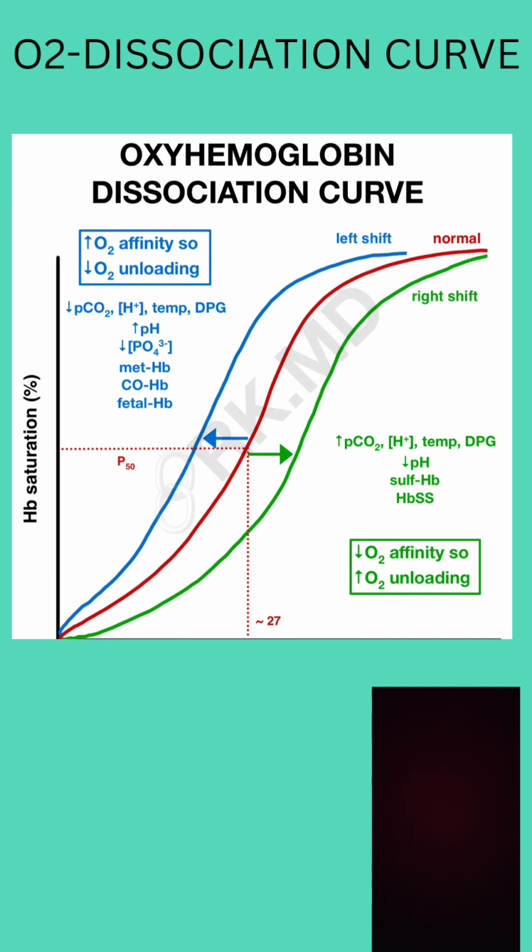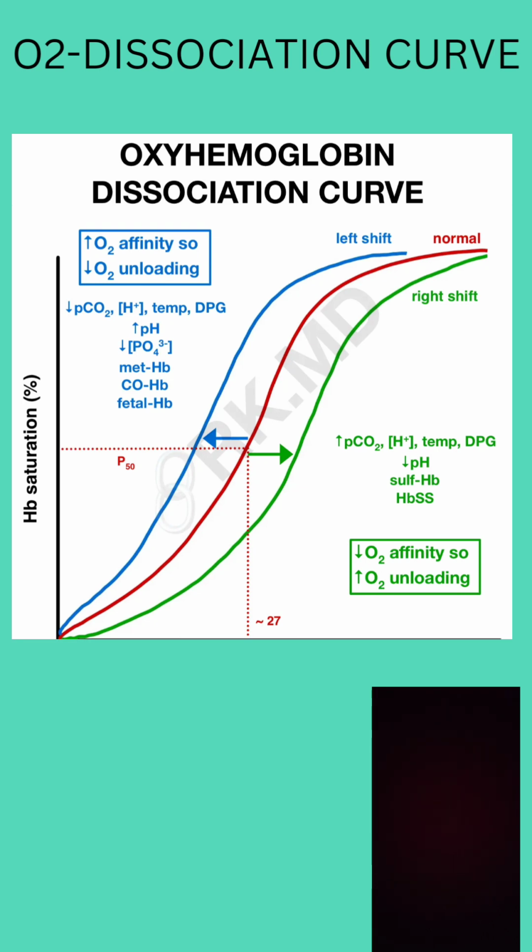It is basically a sigmoid shaped curve, and it mainly shows the shifting affinity of hemoglobin to oxygen, and the binding affinity of hemoglobin in RBC, and the carbon dioxide, H plus ion concentration and 2,3 BPG. These three factors are mainly responsible for the sigmoid shape.